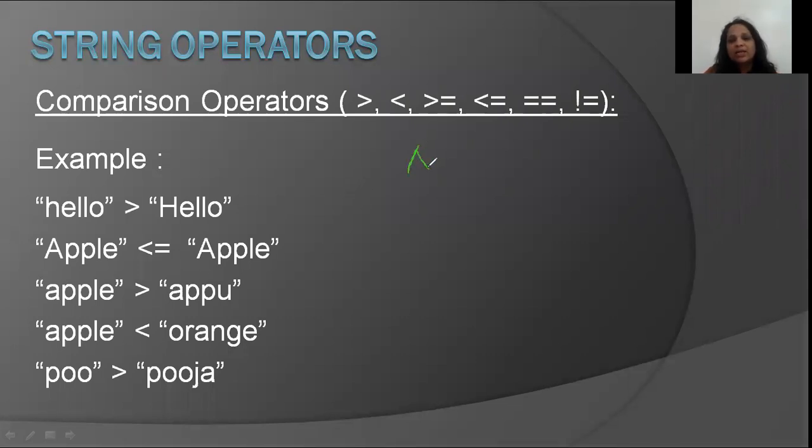So the ASCII value of capital A to capital Z ranges from 65 to 90. Remember, all the characters on your keyboard have an ASCII value. We are only going to be learning the ASCII values of alphabets and digits. Is that clear? Now, ASCII value of small a to small z is 97 to 122.